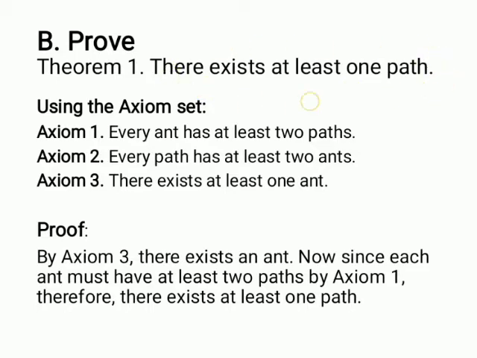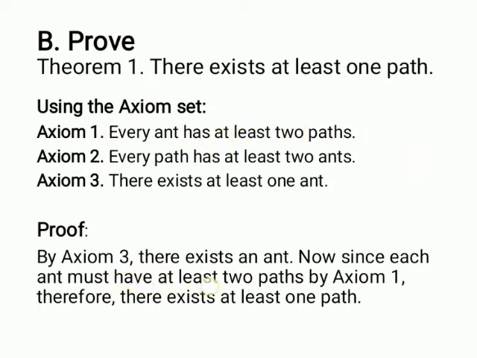Ito yung papatunayan natin. So, by axiom 3, there exists an ant. There exists at least one ant. O, yun yung axiom 3 natin. Now, since each ant must have at least 2 paths by axiom 1, yun yung nakasaad sa axiom 1 natin, that every ant has at least 2 paths.